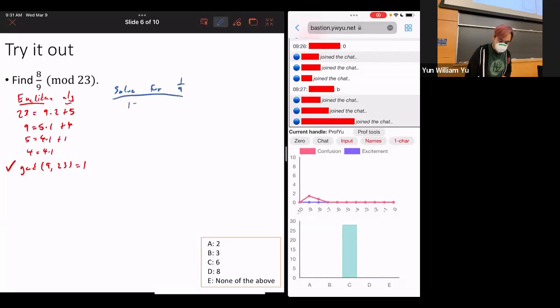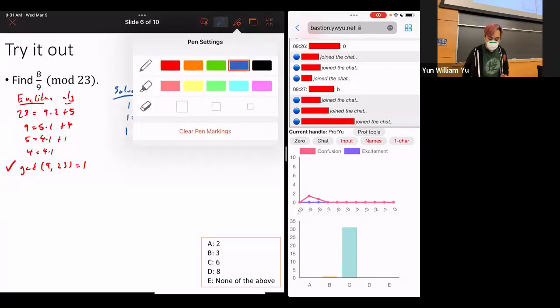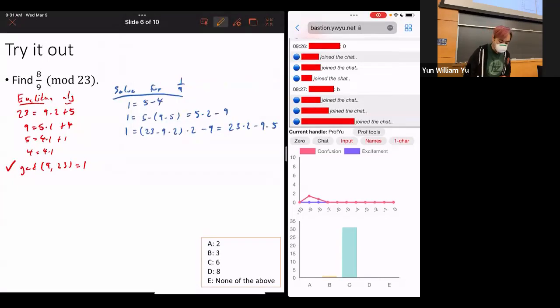Well, what do we get? 1 is equal to 5 minus 4. So 1 is equal to 5 minus (9 minus 5), which is equal to 5 times 2 minus 9. So 1 is equal to (23 minus 9 times 2) times 2 minus 9, which is equal to 23 times 2 minus 9 times 5. Okay, and we can go from that into modular land, the mod 23 land.